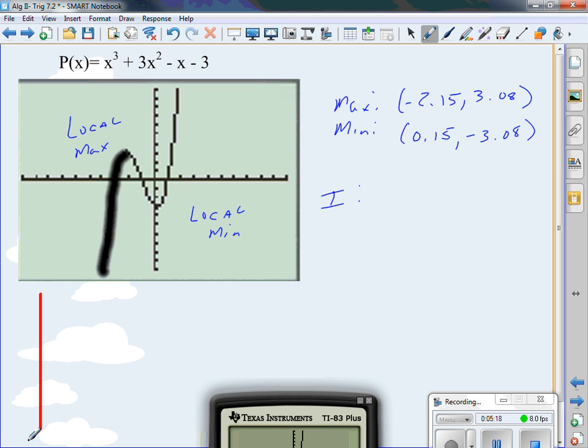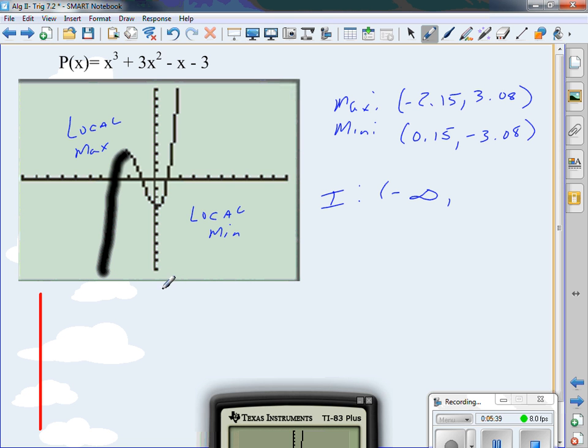Does it ever stop down here? No. What would that be as a number? If it never stops, what number do we use? Infinity. But this is going down, so it's going to be negative infinity.